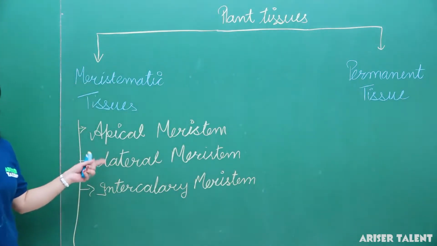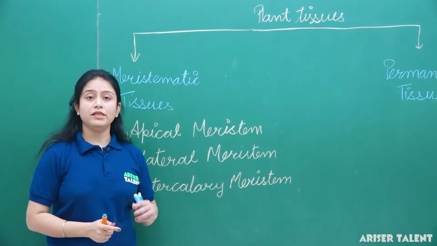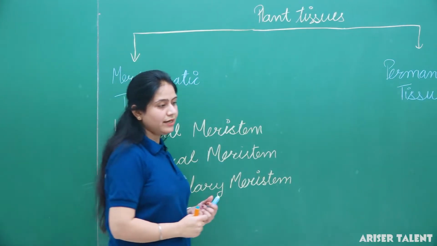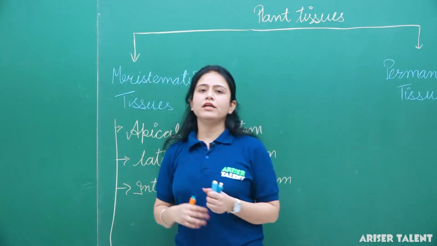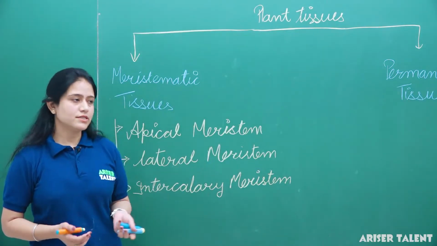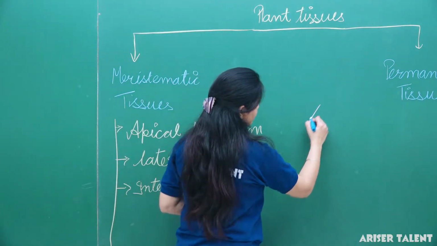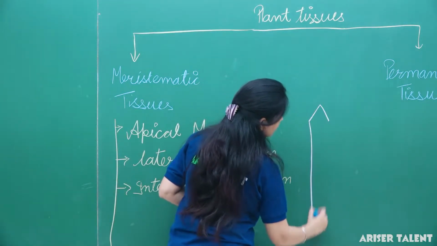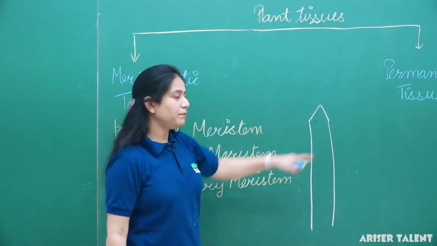Apical, as the name itself defines, means it is found in the apical region, in the top region. We can say that it is found only at the top of the plant. It can be found in the shoot and also in the root, because they both grow in height. Suppose this is the plant part and this is the top of the plant.